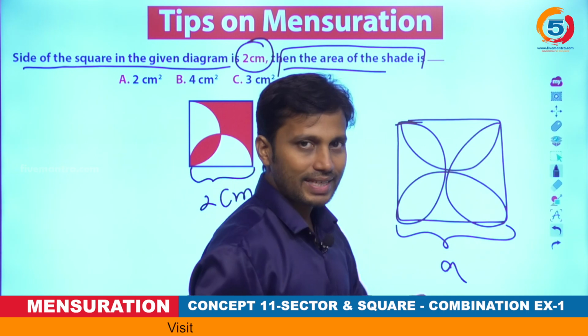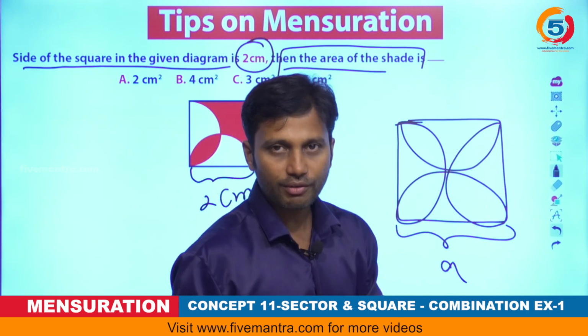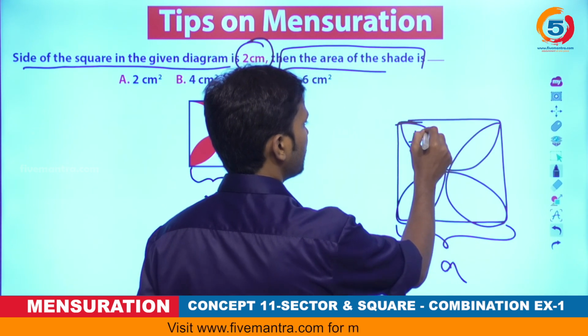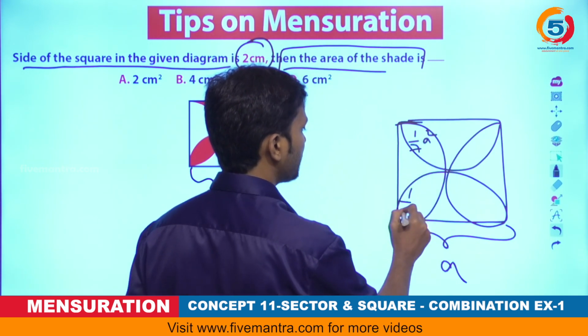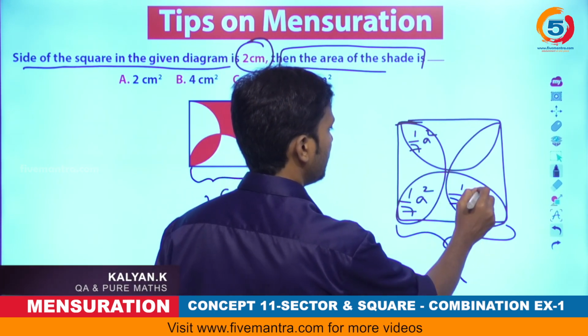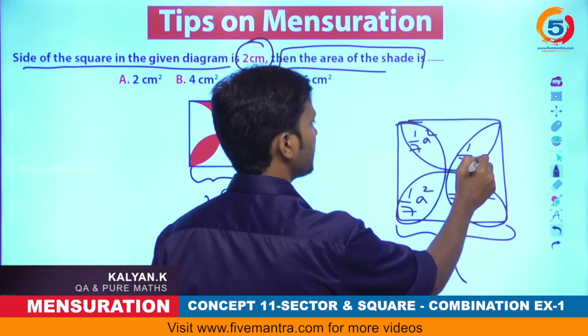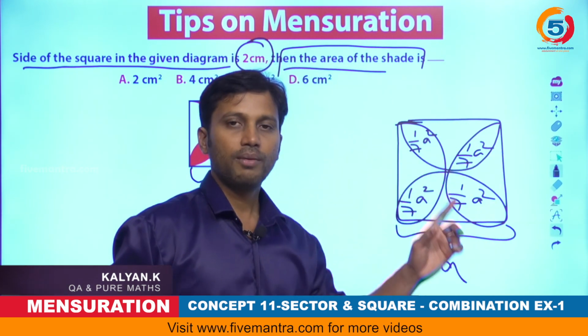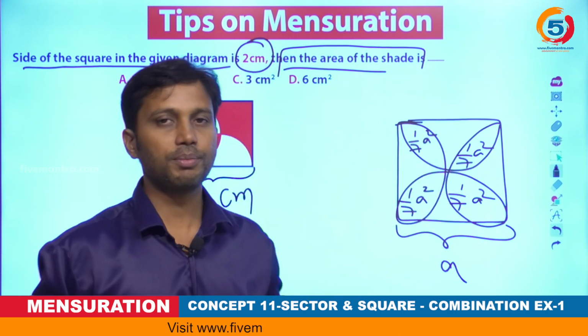Each petal carries an equal share of the area, so each one is 1/7 a², and this is 1/7 a², and this is 1/7 a², and this is 1/7 a². Adding all this, you get 1/7 a² 4 times, that would be 4/7 a².